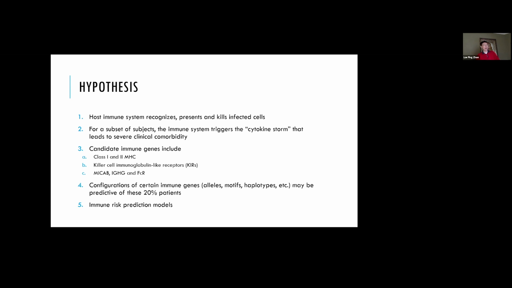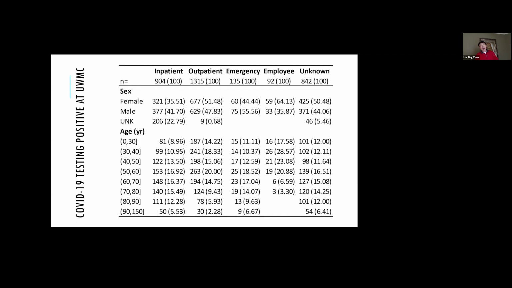We hypothesize that the configuration of these immune genes, the alleles or motifs or haplotypes or any other configuration, is probably predictive of this 20% of individuals. If the hypothesis is demonstrated, then we should be able to identify immune prediction models. That's the goal of the hypothesis.